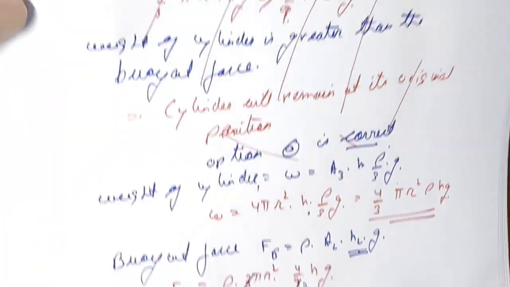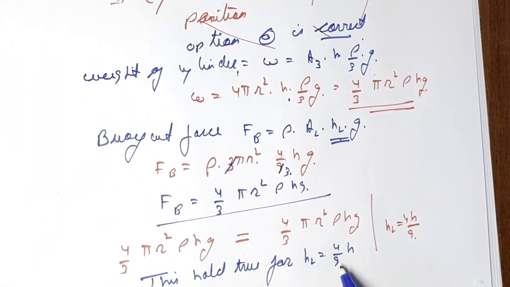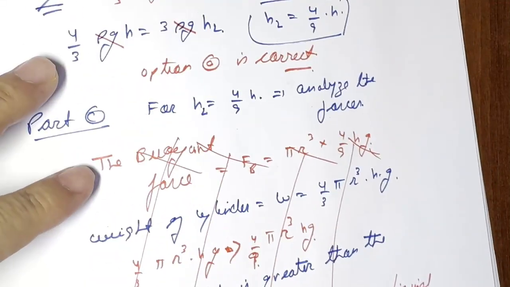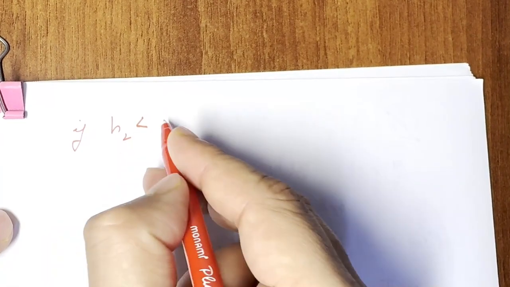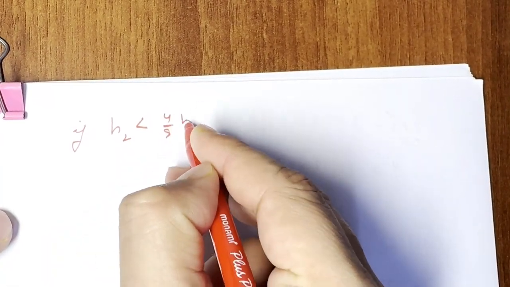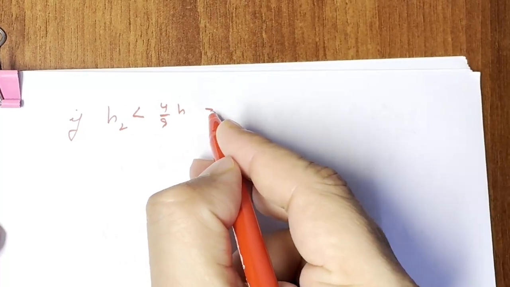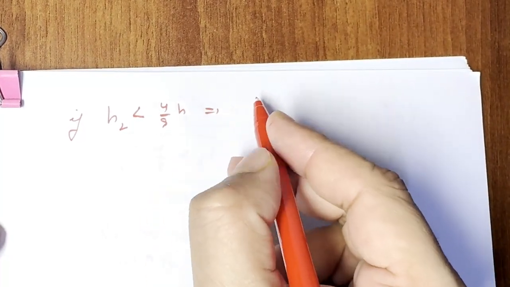Now if we reduce the value of H2 below 4 by 9 H, if H2 is less than 4 by 9 H, this will result in the reduction of the buoyant force.